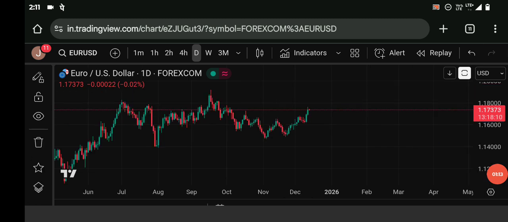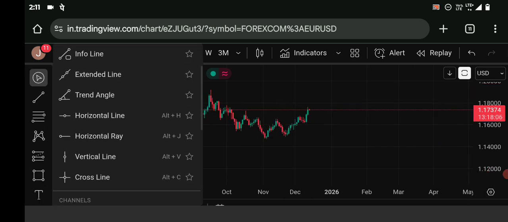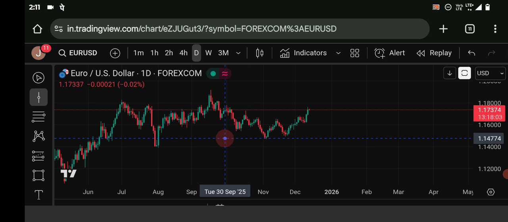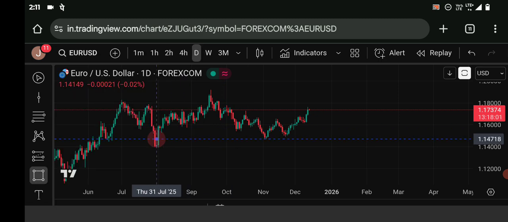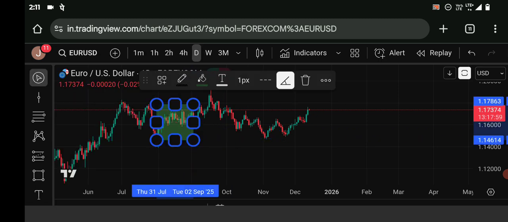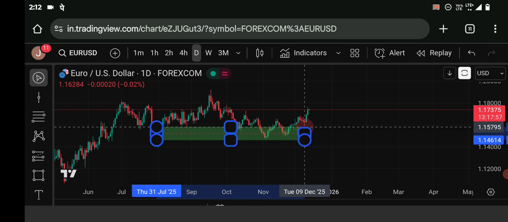If we check on the daily time frame of the Euro US dollar, you could see a bullish fair value gap here which is being respected by Euro USD.